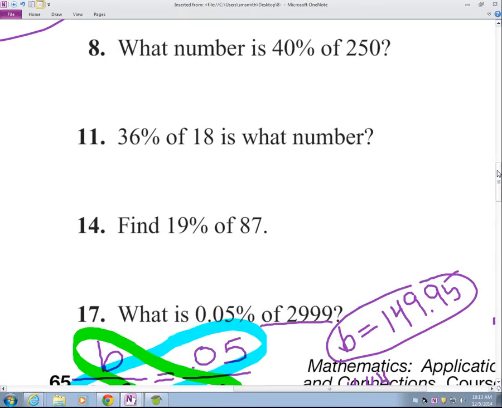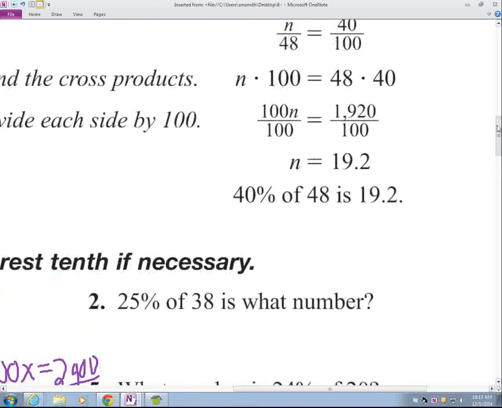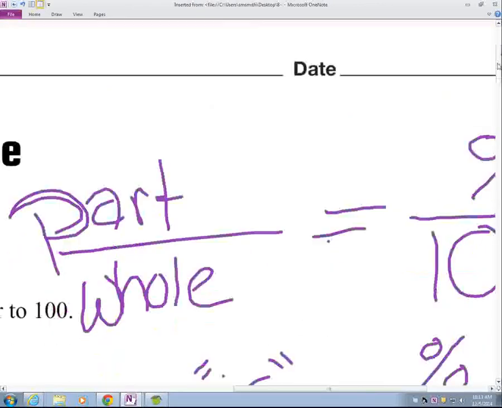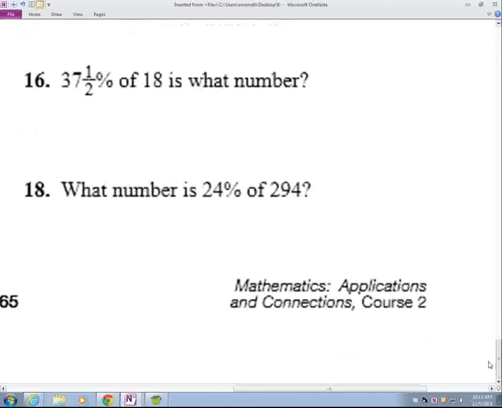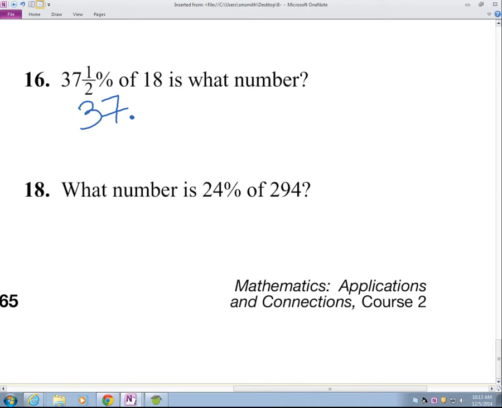Are you worried about the percentage value? Let's see. We're looking at 16 on the homework. Now, just as we did last night for homework, 37 point, what's 1/2? 5. Yeah, so that would be your percent for number 16 tonight.